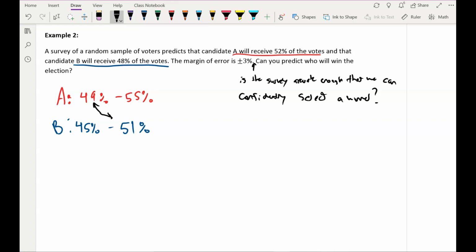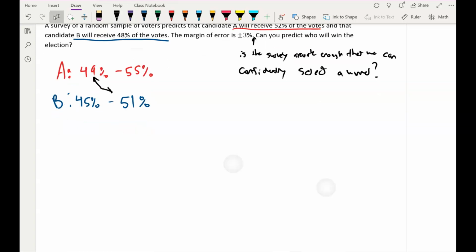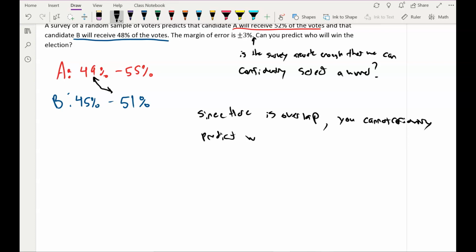So what's really going to happen here is there could be overlap. Since there is overlap, you cannot make a confident prediction. You can't confidently predict who will win.